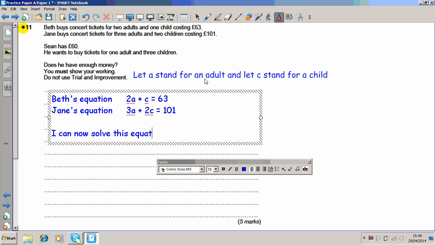These are simultaneous equations. So I'll call that one equation 1 and that one equation 2.